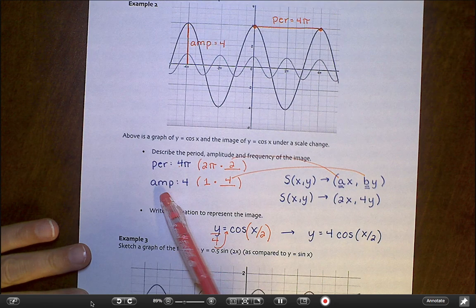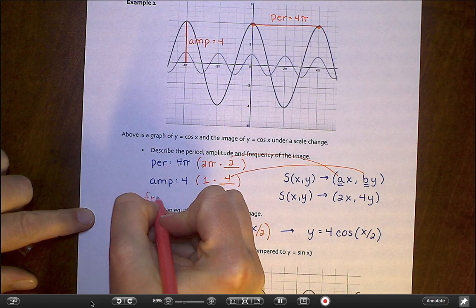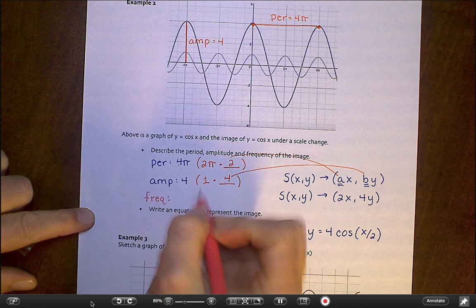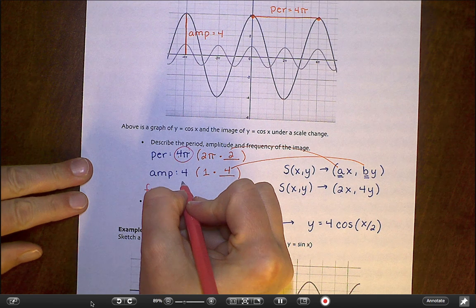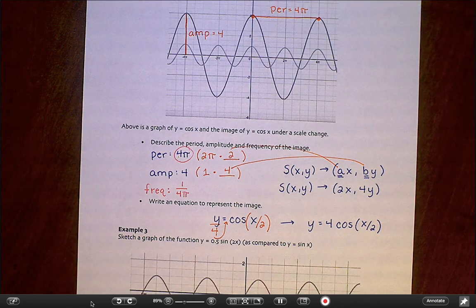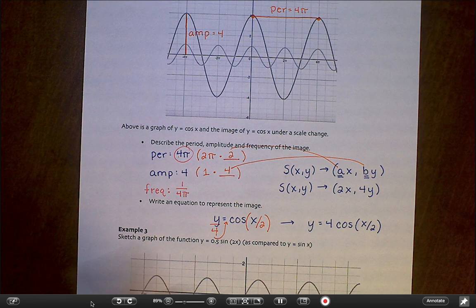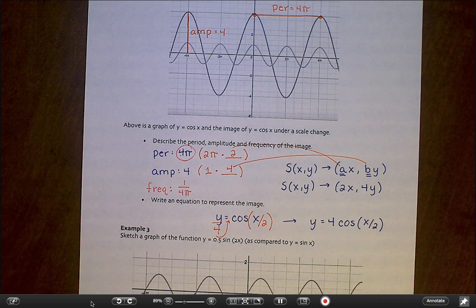So for this question, if I'm asked about the frequency, it is as easy as taking this thing and flipping it over. So my frequency would be 1 divided by 4 pi. Now, if my period was a fraction already, I wouldn't mess around with the 1. I would just flip my fraction as is. But we're just going to leave it like that.